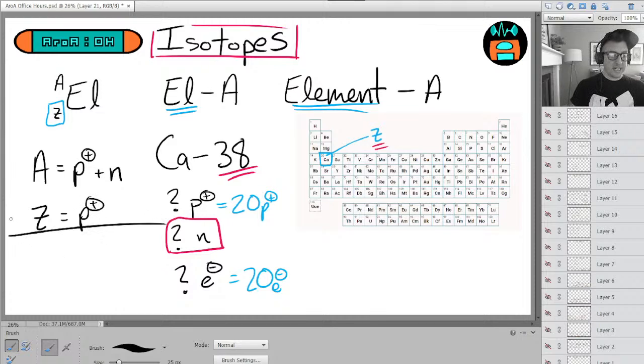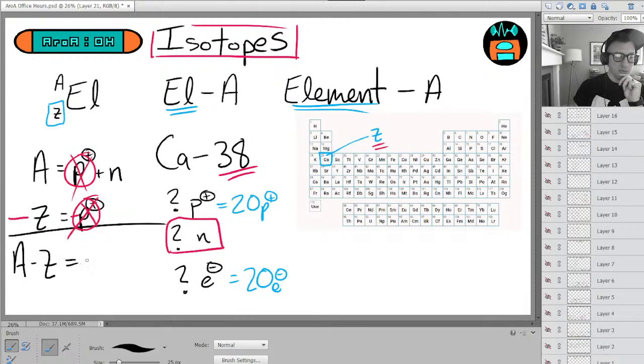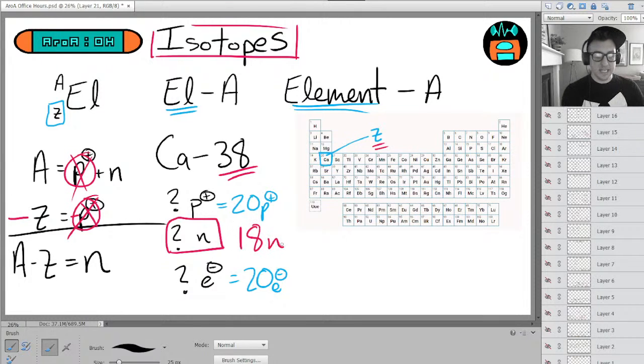So if you subtract your atomic number from your mass number, A minus Z, protons cancel, and A minus Z is equal to just your neutron count. So the number of neutrons here would be 38 minus 20. Calcium-38 has 18 neutrons.